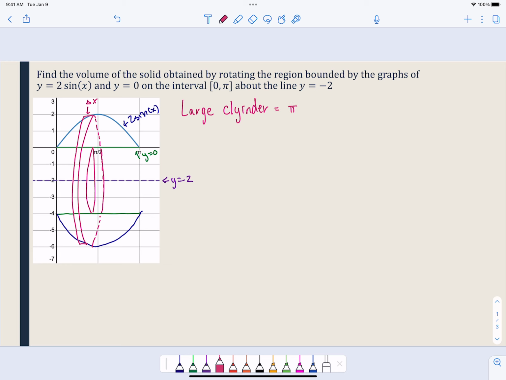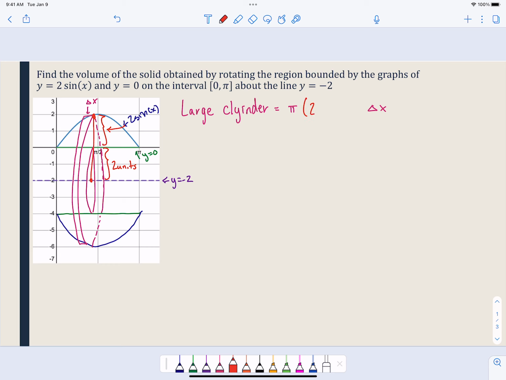we need to figure out what its radius is. So we know that we're going to have pi, we're going to have delta x. The radius is going to start here from our dotted line and go until we hit our sine function. So it's going to be what we get from our sine function, 2 sine of x, that amount right there, and then it's also going to have 2 units added on to all of our radii.